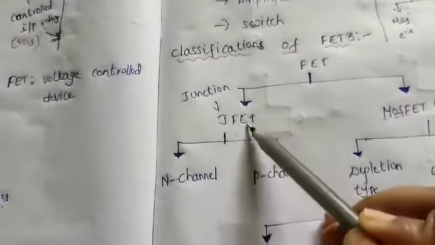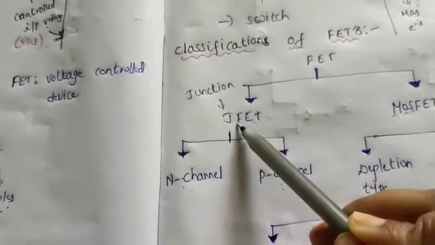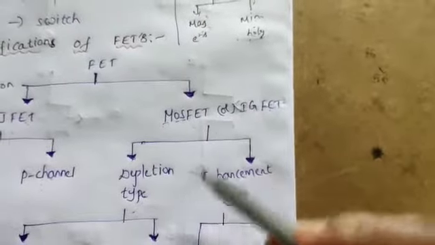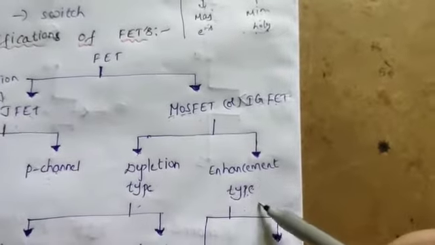Again, the junction field effect transistor, that is JFET, is classified into two types, N channel JFET and P channel JFET. In a similar way, MOSFET is classified into two types, depletion type and enhancement type.